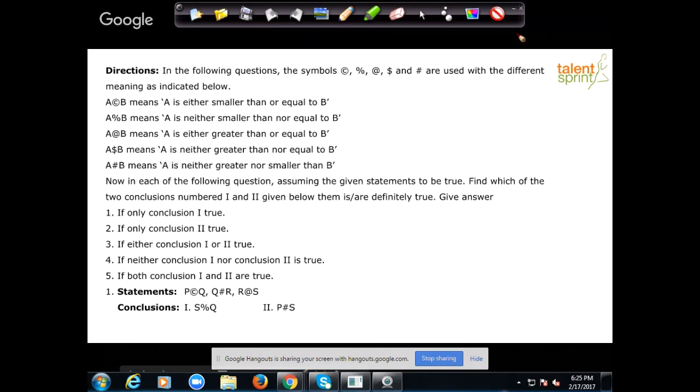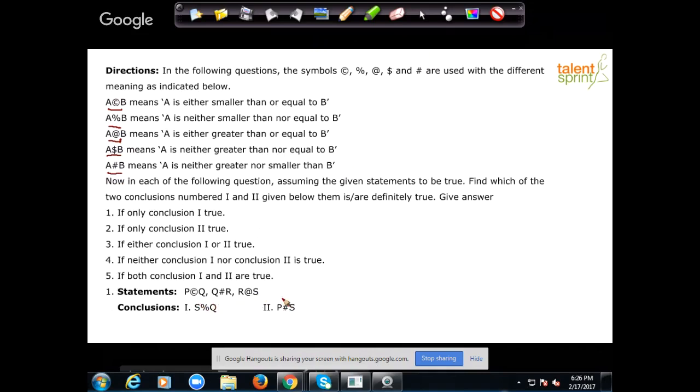Like here, if you notice, you can see that there are symbols like copyright, percentage, at the rate, dollar, hashtag, and each of these symbols represent a mathematical operation that plays with a combination of lesser than, greater than, equal to. Various permutation combinations that they play around with here. And then let's first actually decipher these. And then what usually happens is that there will be some statements where they will use the same symbols to establish a relationship, and then conclusions.